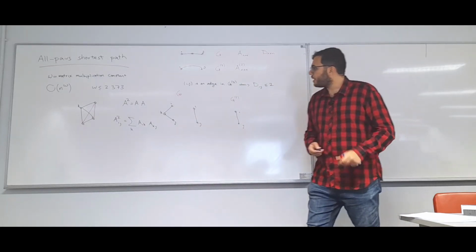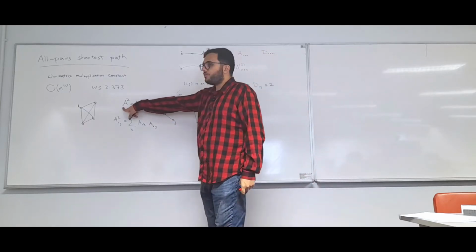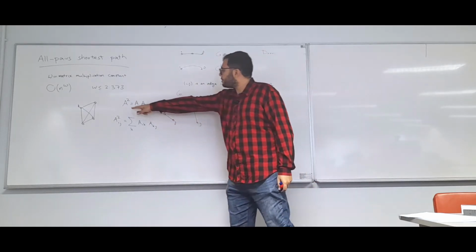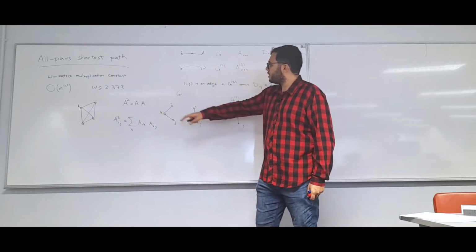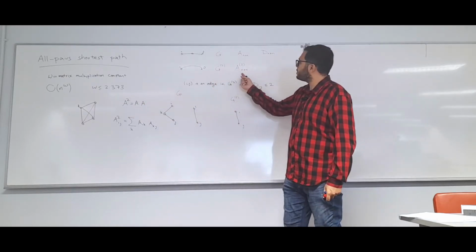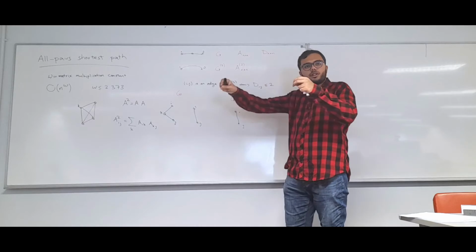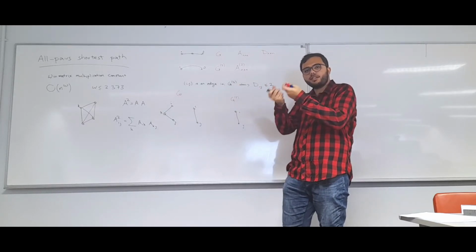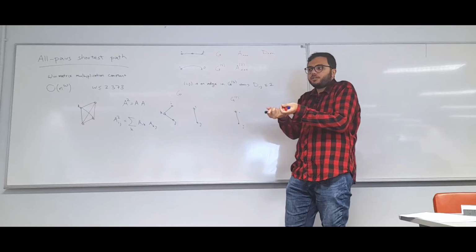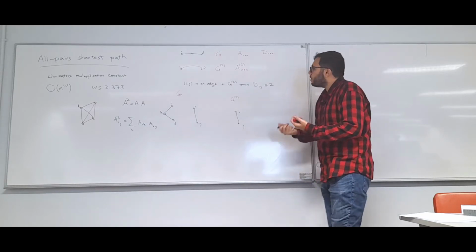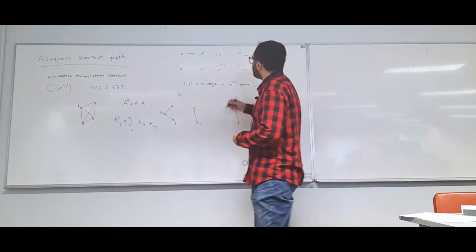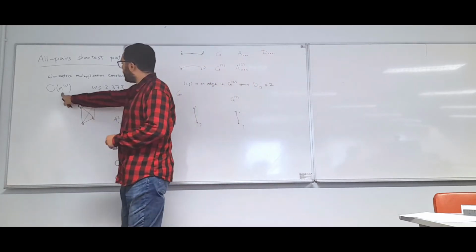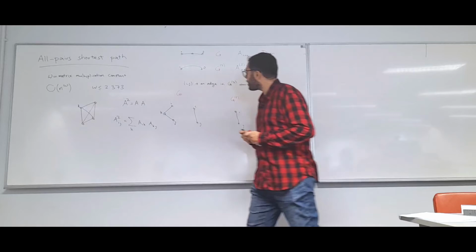So I do n to the power of omega to compute this A squared. And after I compute this A squared, the conversion to the adjacency matrix of G2 was just going over all the elements once and taking any element that is non-zero and turning it into 1. So that part is like n squared. So overall, the time it takes for me to compute G2 from G is at most n to the power of omega. Okay, nice.